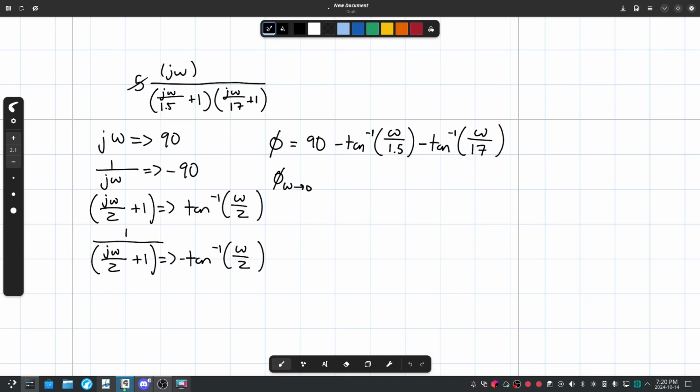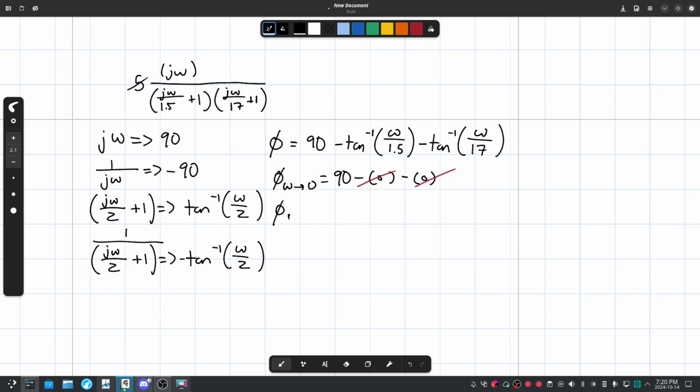No, this is equal to 0. It's going to be 90 minus 0 minus 0, right? Because tangent inverse of 0 is 0. So we know that our graph is going to start at 90 degrees.